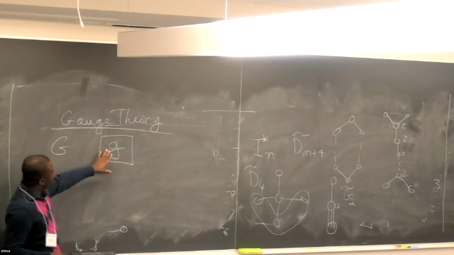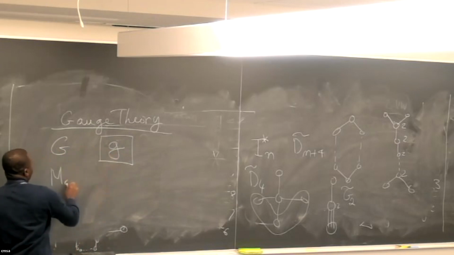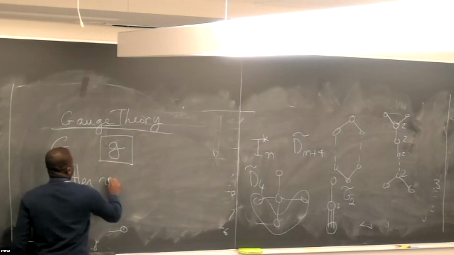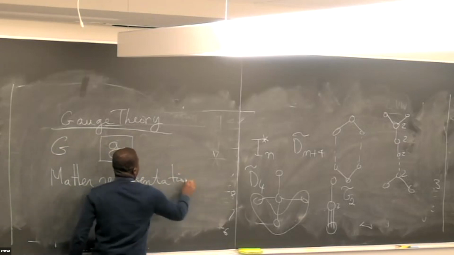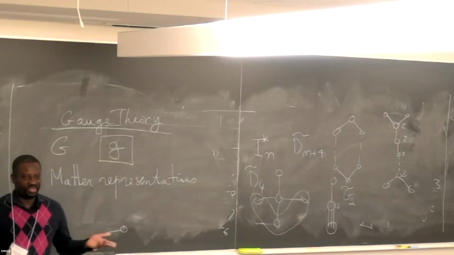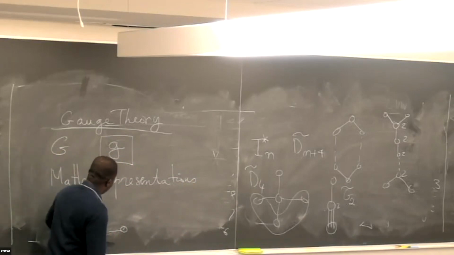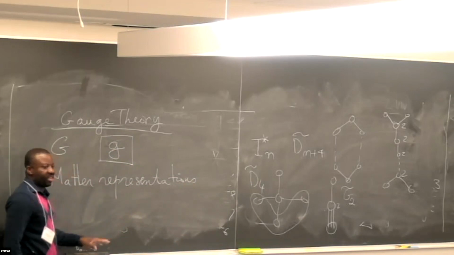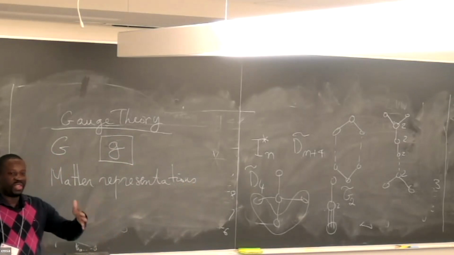But except for the Lie algebra, there is also what is called matter representation. And matter representations are just representations that show up in physics. So for example, if you study the standard model, you have the algebra of SU(3) with fundamental matter.